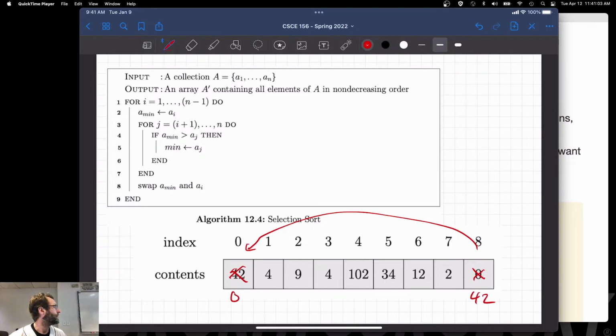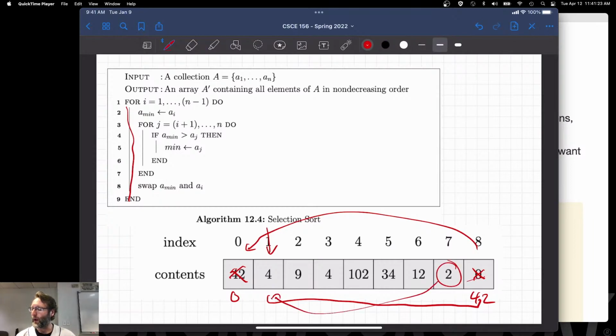Right? On the next iteration, and this is the outer for loop right here, what's it going to do? It's going to look at the remaining elements here and find the minimum among those and place it at the second position. So what's the minimum element here? 2, right? And so it would end up putting 2 over here and 4 over here.